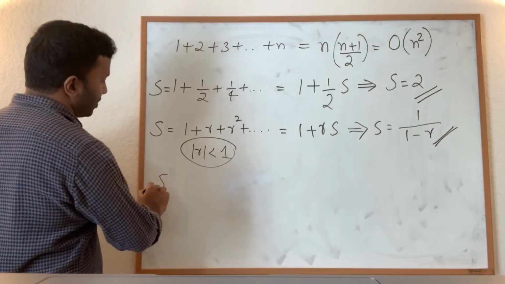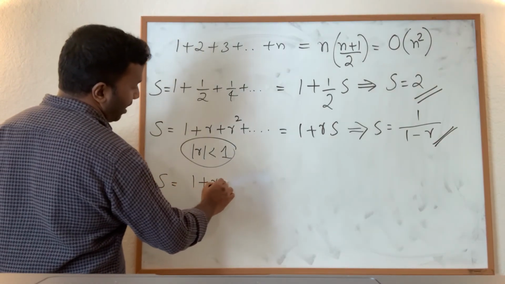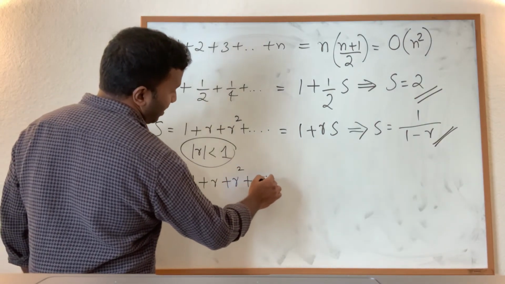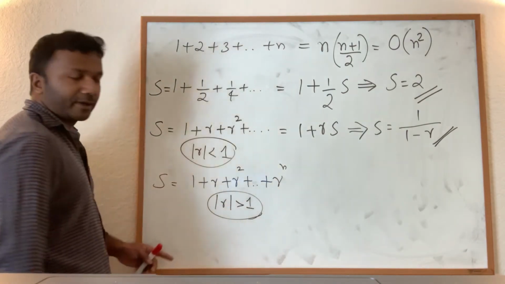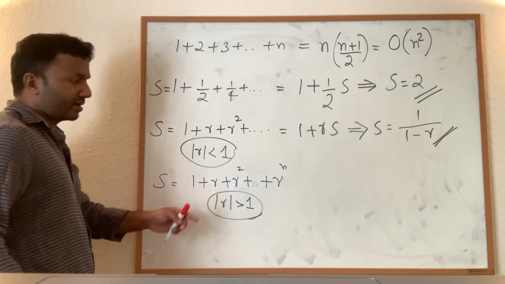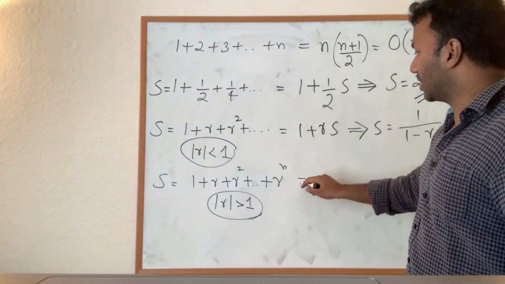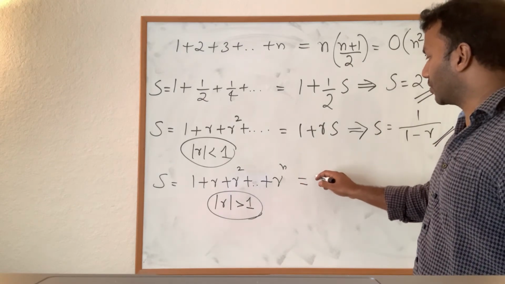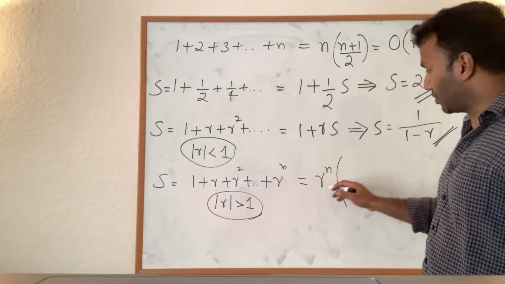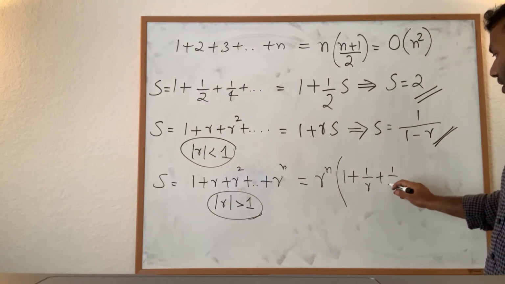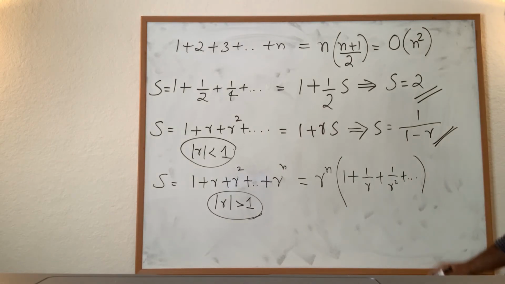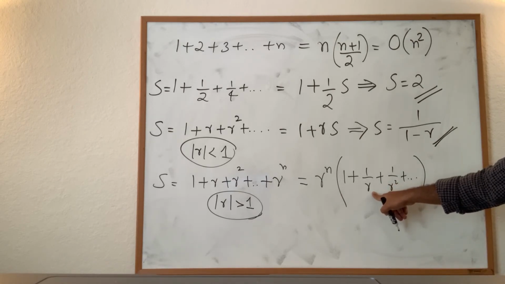Now, what about this? 1 plus r plus r square up to r raised to n, and in this case, r is more than 1. How to sum this? Again, what I can do here is take r raised to n outside and write these numbers in the reverse order. So what I will have is 1 plus 1 over r plus 1 over r square plus etc. This 1 over r is a number which is strictly smaller than 1.